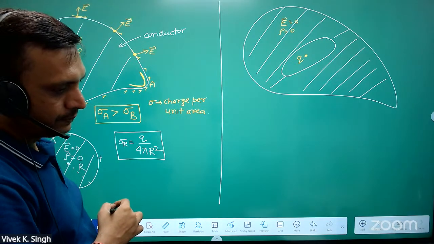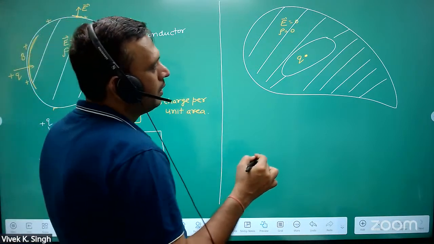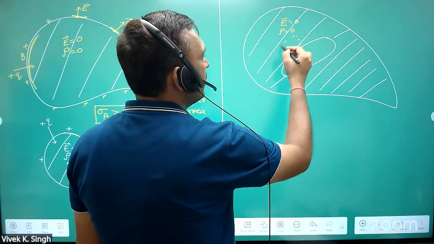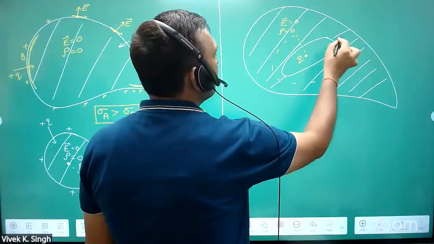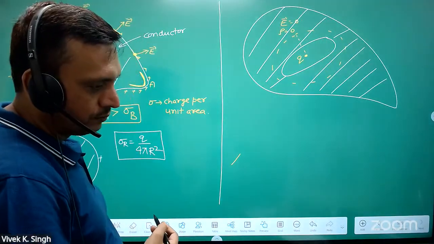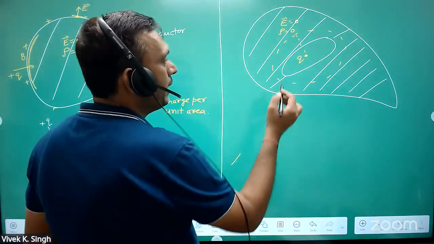So what will happen? Now if you draw some Gaussian surface around this, there will be charge enclosed, so the field will be non-zero.